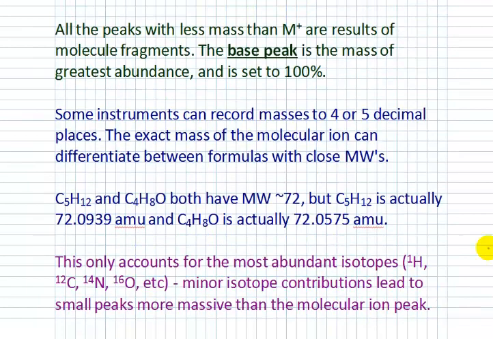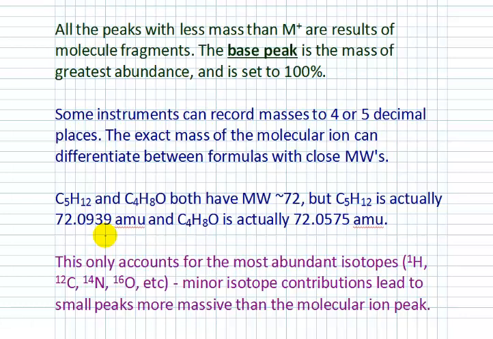Be careful, these exact masses do not come from the atomic masses on the periodic table, right? On the periodic table, that's the weighted average of all the isotopes, but the mass spectrometer separates out isotopes from each other because carbon-13 weighs 1 AMU more than carbon-12, for instance. So when we added up these exact masses, we only took the most abundant isotopes.